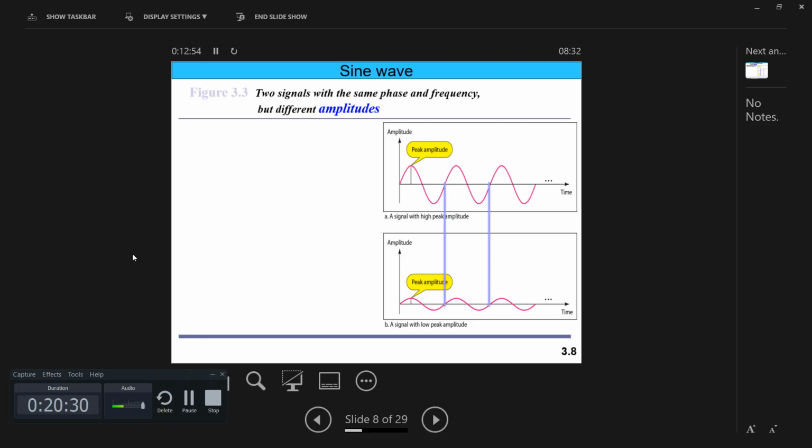The amplitude is the peak of the signal and reflects the energy inside the signal. If I put high energy into the signal, the amplitude is high. But if I put low energy, its amplitude is low. So the peak amplitude of the signal defines the amplitude of the sine wave, and it refers to the energy of the signal.